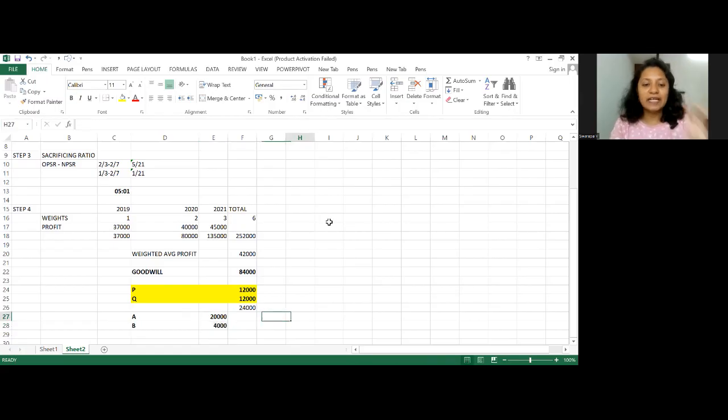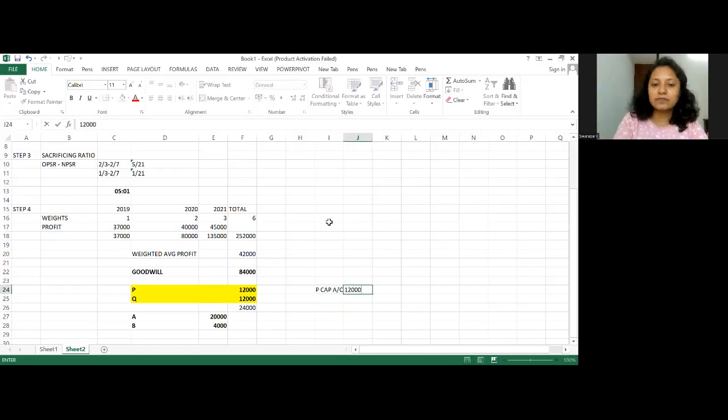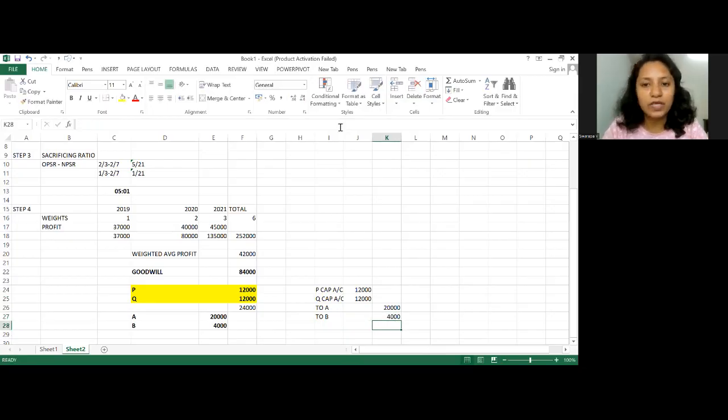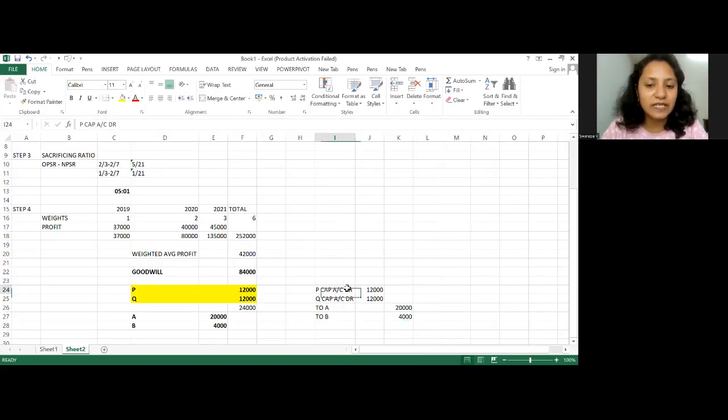So the entry will be: P capital account debit 12,000, Q capital account debit 12,000, to A 20,000, to B 4,000.